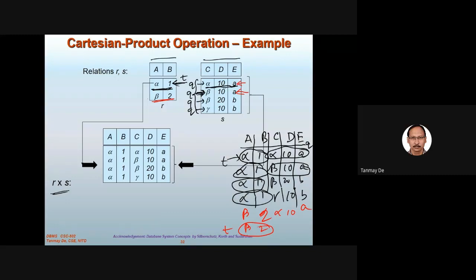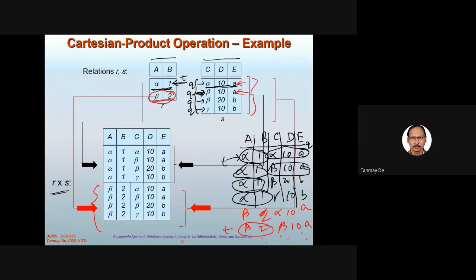Beta 10A, and so on for the rest of the tuples. That is, for this tuple in relation R, consider each of the tuples from relation S. So what are the remaining portions here? If we combine this, we get this one.